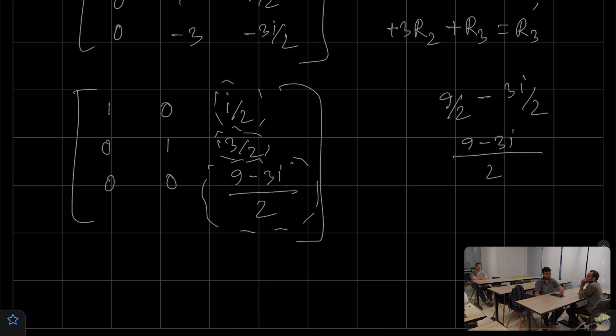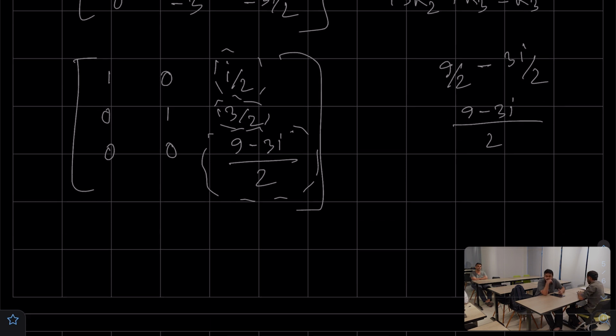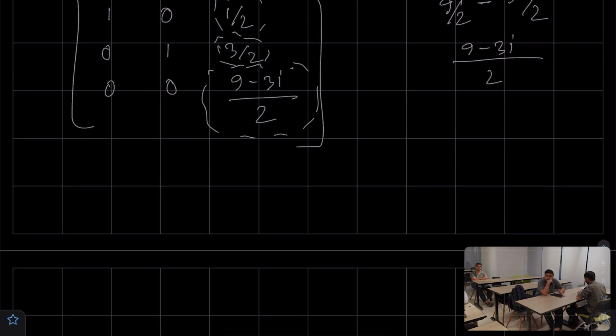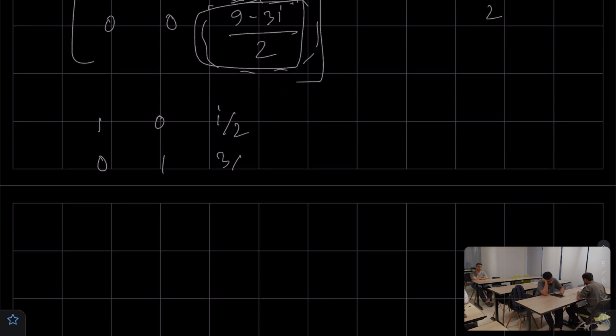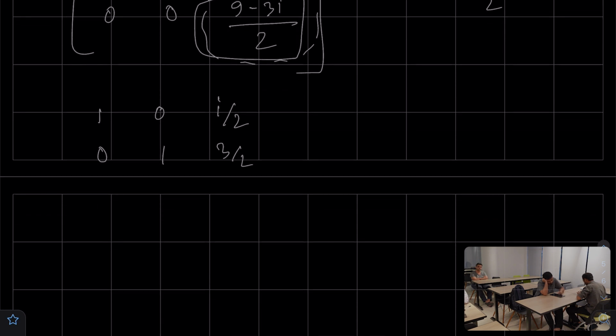So for the reduced matrix, you have to make the third row 0. No, you are going to multiply with the inverse of this element, right? So this will be 1, 0, I over 2, 0, 1, 3 over 2, then 0, 0, sorry, this is just 1.